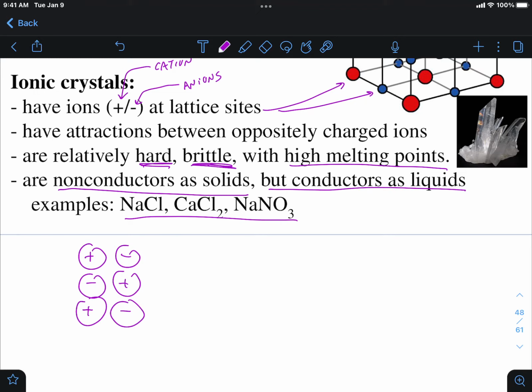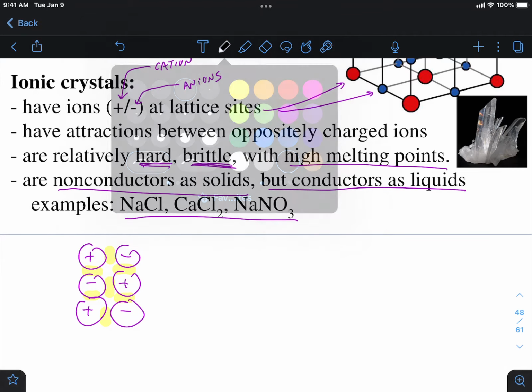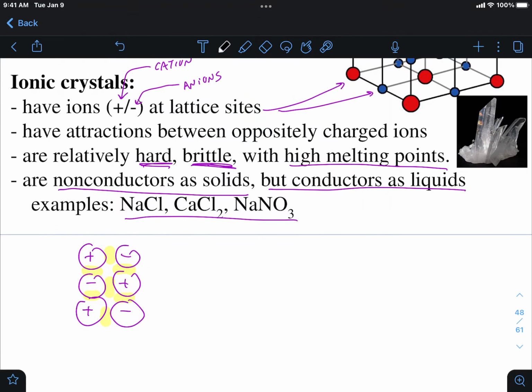So right now, when you look at an ionic solid, you have attractions. Wherever I have this yellow highlighter, that's an attraction. And that attraction should make sense because you have oppositely charged ions. Attractions between ions, and they're basically everywhere.